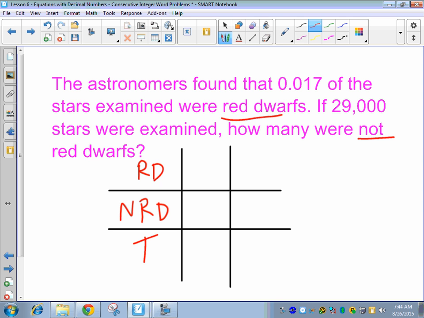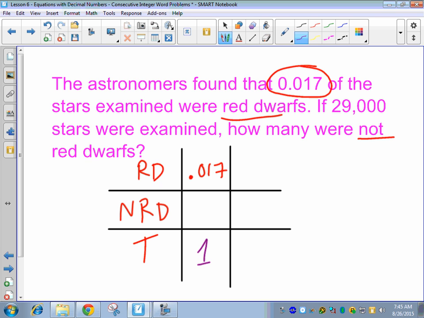All right. So we have 0.017 that were red dwarfs. So that goes here. Normally that's where our fraction or our percent goes. This time we're doing a decimal. Okay, the total is always 1. So we actually need to figure out the not red dwarfs. Anybody know how we would figure that out?